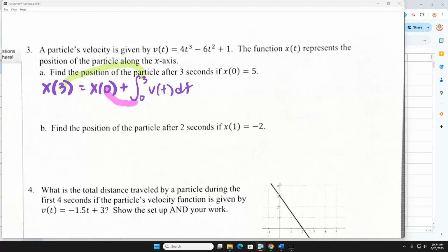All right, and then we can just figure all this out. So we know x of 0 is 5. Then we can find the antiderivative of v of t by using the power rule. On this one, I am going to need to go back and plug in 0 and 3.